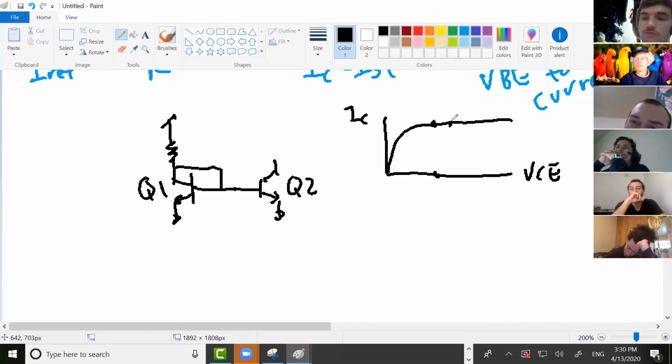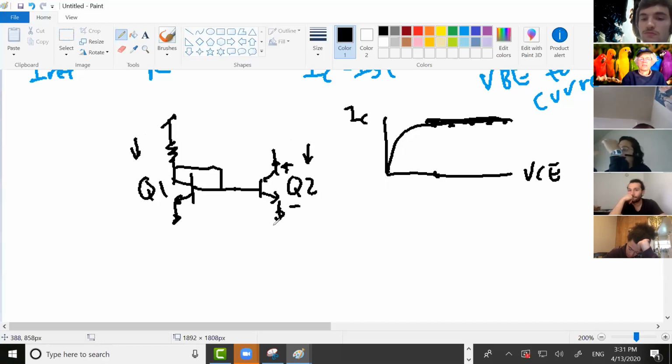It really doesn't matter what VCE is. It gives you approximately the same current. So as long as you're over here in this region, this voltage here doesn't matter much. As long as the VBEs are the same and they're both in forward active, you get approximately the same current through both sides. Okay, thank you.